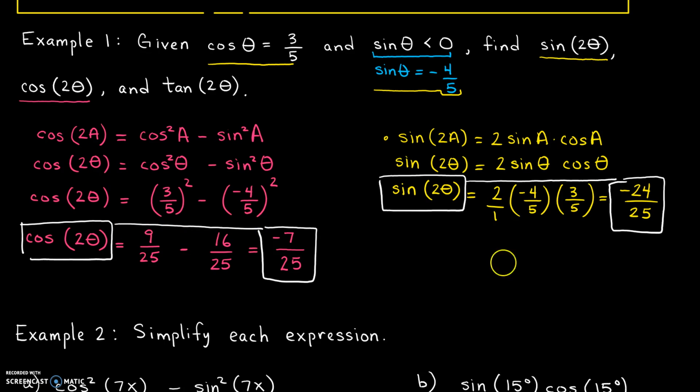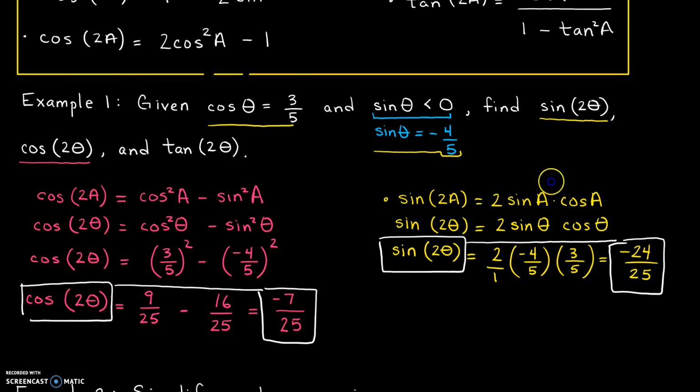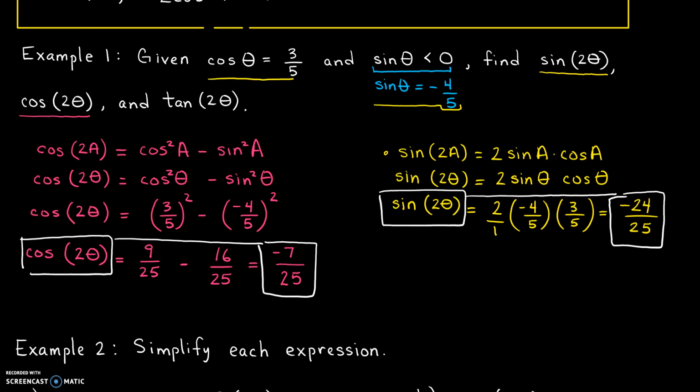We can do the exact same thing for tangent of 2 theta. I would just have to use this identity here. I'm just going to go ahead and skip over that. I'm sure that you get the idea. All you would do is, again, just substitute what your values are. Now, all you have to remember for tangent of theta, just to kind of get you started, because you are going to have to find tangent of theta, is that tangent of theta is just sine of theta over cosine of theta.